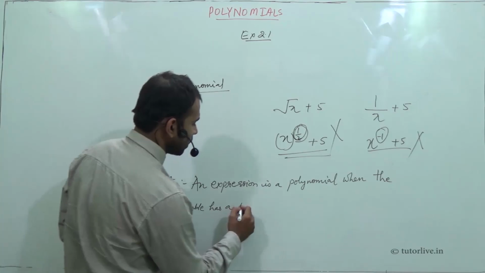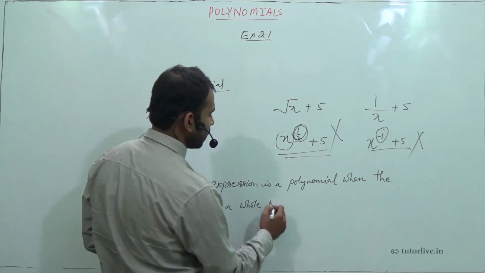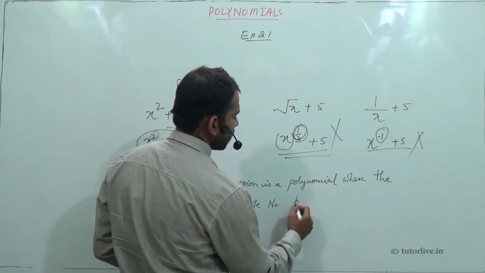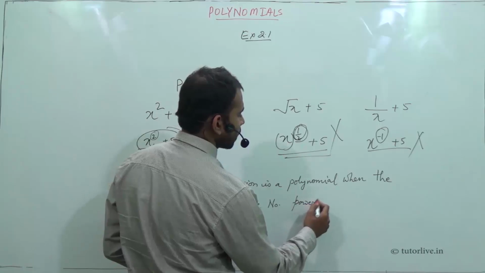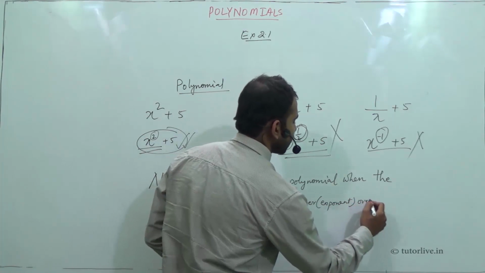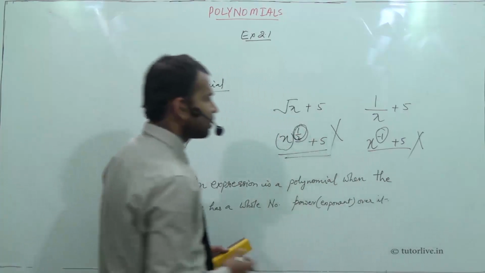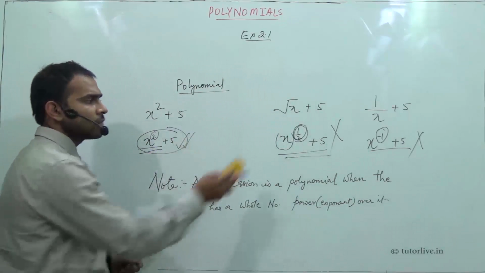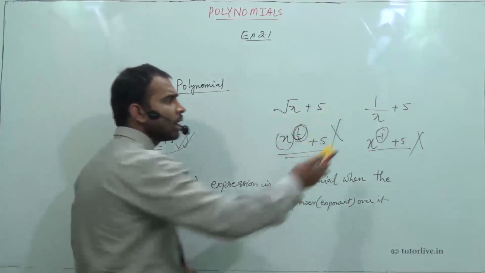Example, the best examples are x square plus 5, root x plus 5, and 1 upon x plus 5.